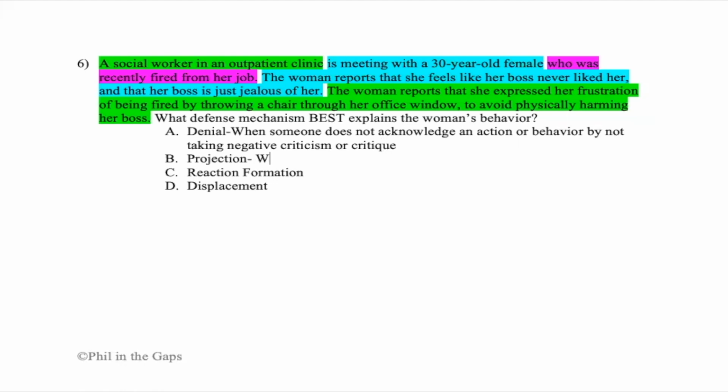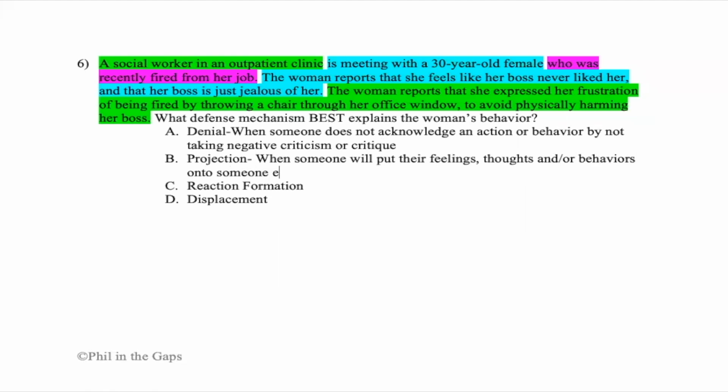B, projection is when someone will put their feelings, thoughts, and or behaviors onto someone else. C, reaction formation is when someone will react in the opposite emotional formation than they actually feel.